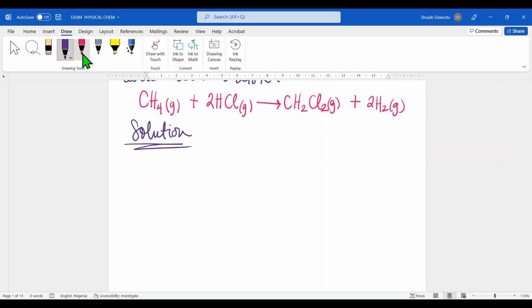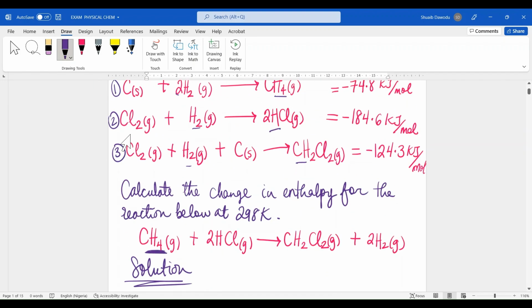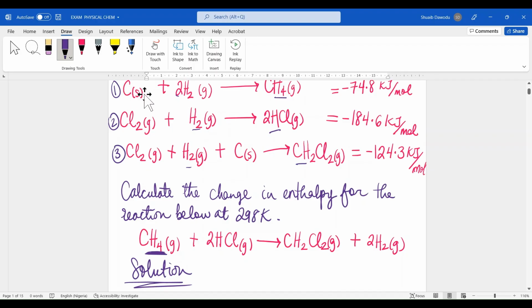We're going to focus on the first molecule in the major equation we're working with, which is CH4. So we're going to write CH4 here. We're going to compare this general equation at the bottom with the individual equations 1, 2, and 3 at the top and see where we have CH4.